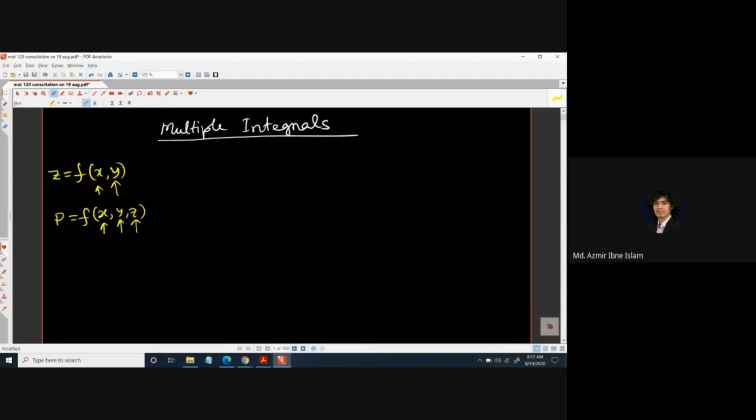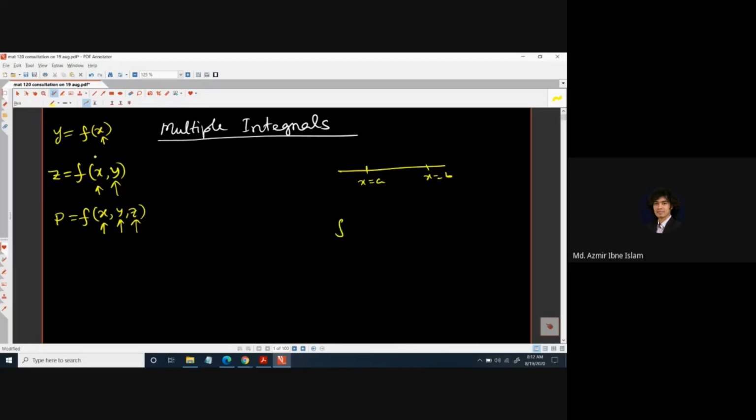So we already know how we can integrate a function of 1 input variable, or a function of a single variable. For a function of a single variable, integrals are done over the interval x equal to a to x equal to b.